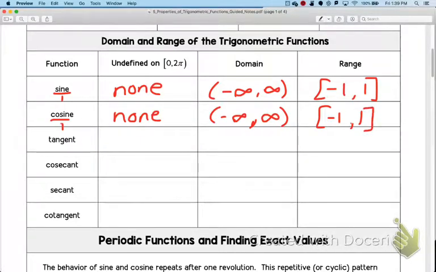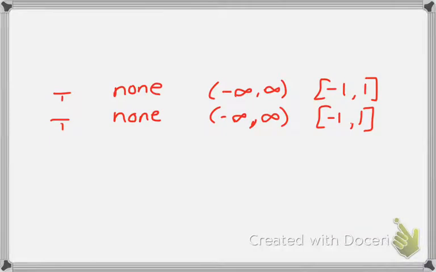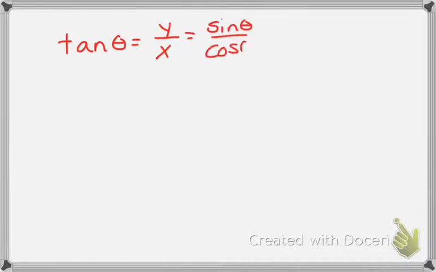Okay, so now we have to get to our tangent. Hopefully you guys have that. Rewind if you don't. So now let's think about tangent. Tangent of theta is, remember, y over x, which really is the same as sine theta over cosine theta. So what's in my denominator? My denominator is cosine of theta.